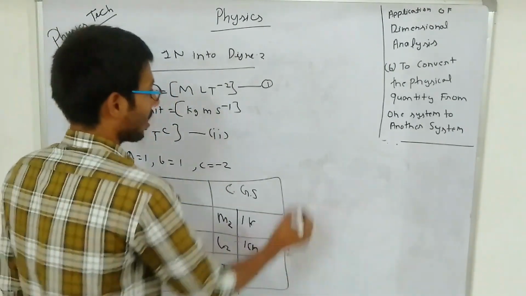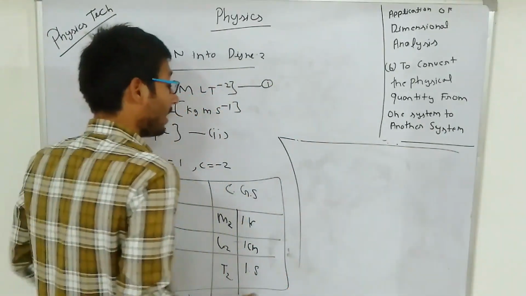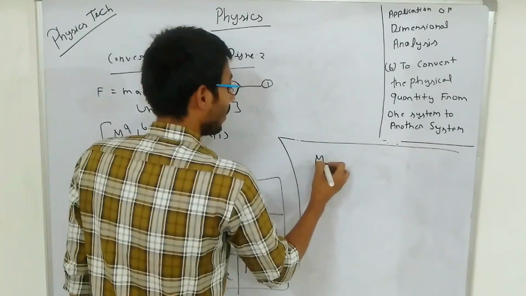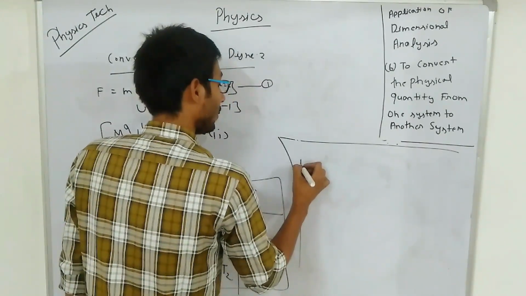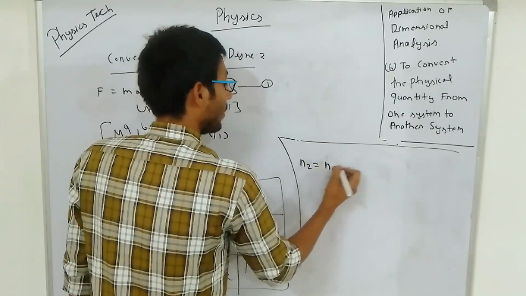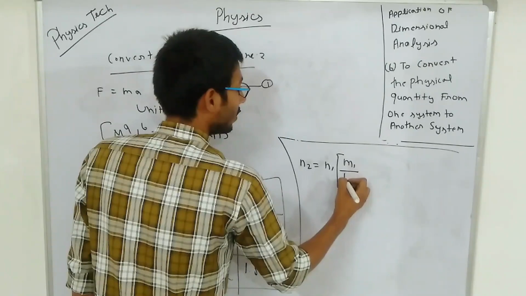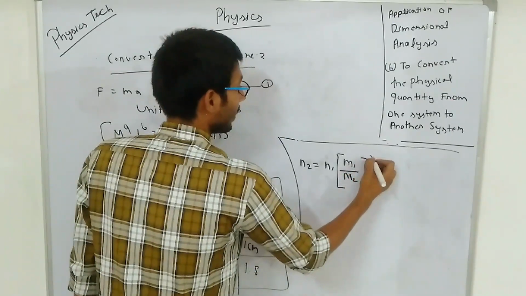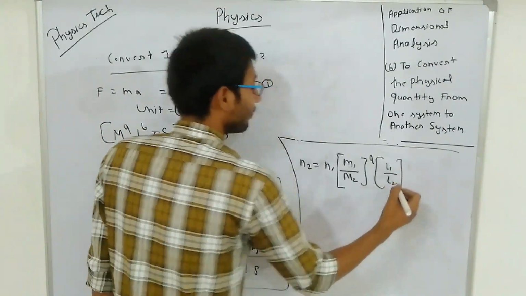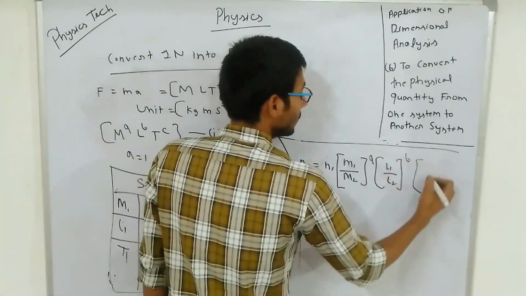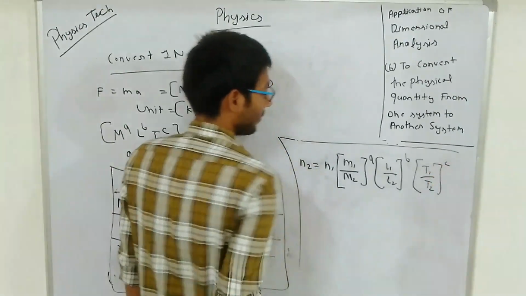Now, by the formula n2 is equal to n1 times (M1 upon M2) to the power a, (L1 upon L2) to the power b, and (T1 upon T2) to the power c.